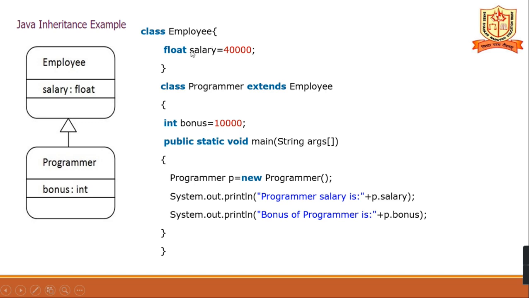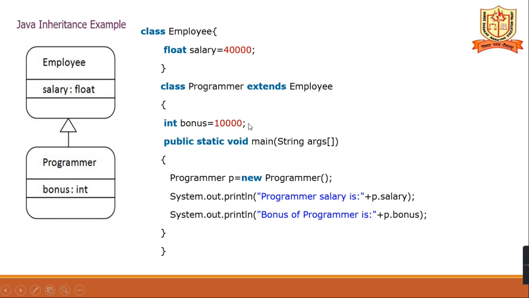That is class Employee, float salary, you are mentioning here. And here class Programmer extends Employee. So programmer is a subclass and employee is a parent class. This programmer class has its own variable, that is bonus. What is the data type here?